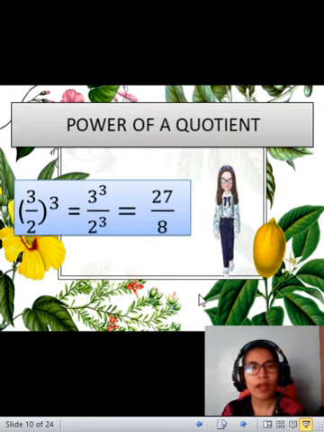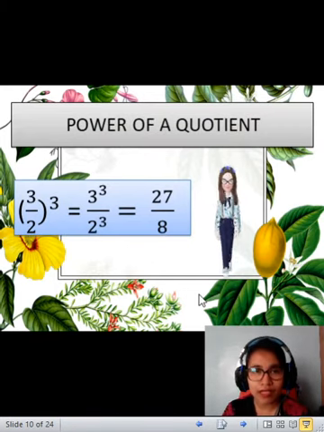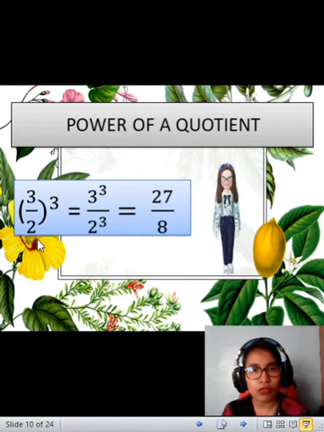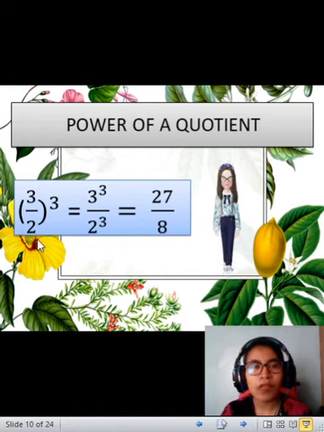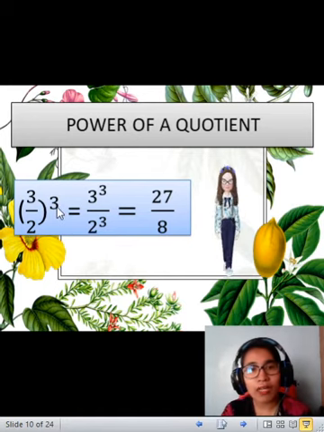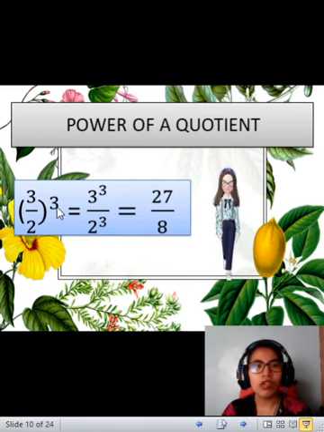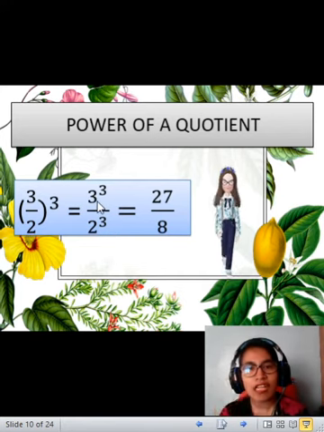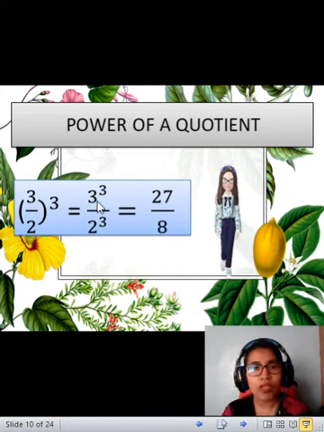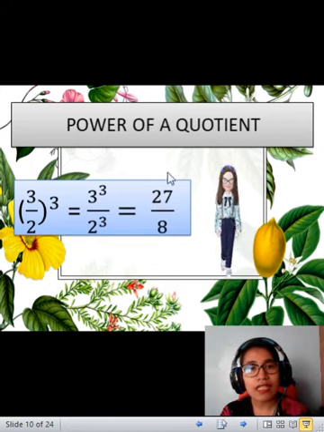Next, we also have the power of a quotient rule. So 3 over 2 in a parenthesis, then outside it also has an exponent. Again, it will be distributed to the numerator and denominator. So we will have 3 cubed over 2 cubed. 3 cubed, which means 3 times 3 times 3, will give you 27.